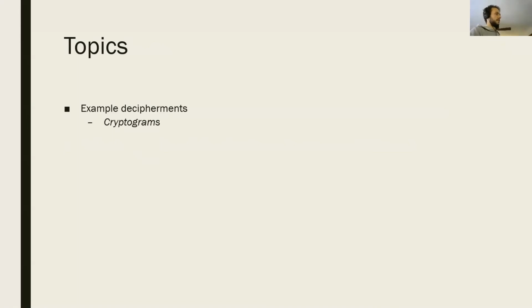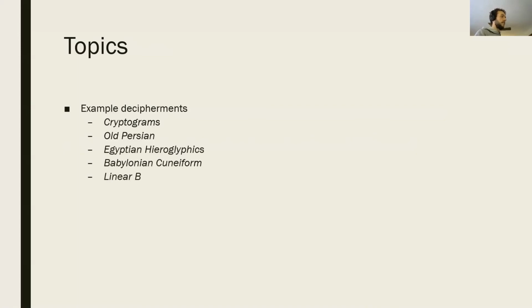So to start off, we'll talk about cryptograms, which really are not a writing system, but the way that you solve a cryptogram puzzle is actually very similar to the way that decipherment occurs. So I think this shows a really interesting and useful example. We'll also talk about the decipherment of Old Persian, Egyptian hieroglyphs, Babylonian cuneiform, and Linear B.